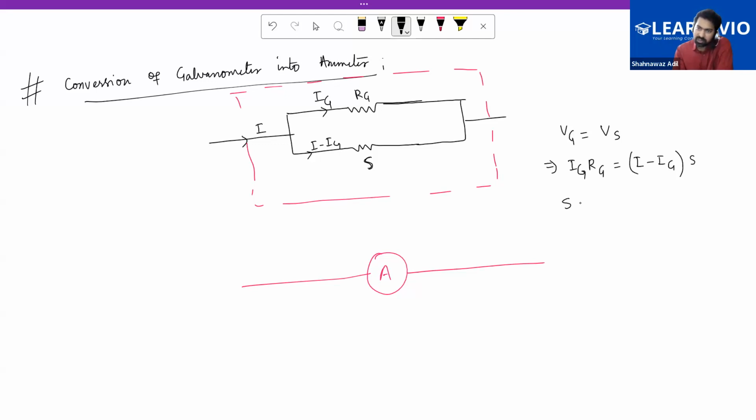So the shunt resistance S is equal to Ig divided by I minus Ig, multiplied by the resistance of the galvanometer. This is what we call the shunt resistance.